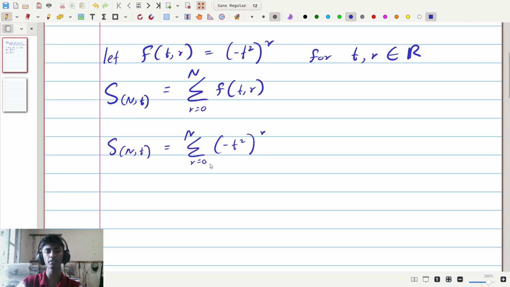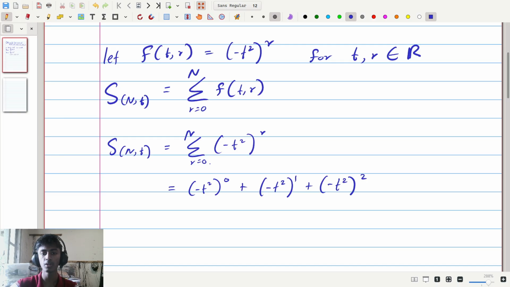Considering what this sum is, we need to evaluate this thing at r equals 0, r equals 1, r equals 2, r equals 3, and so on. So here if we do that, this is equal to negative t squared to the power of 0 plus negative t squared to the power of 1 plus negative t squared to the power of 2 plus dot dot dot all the way up to negative t squared to the power of n.